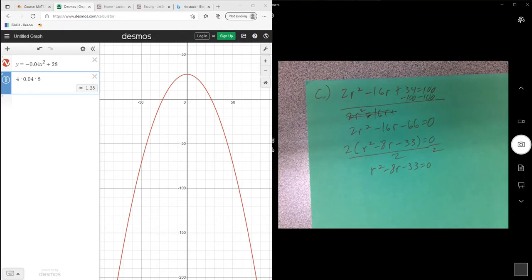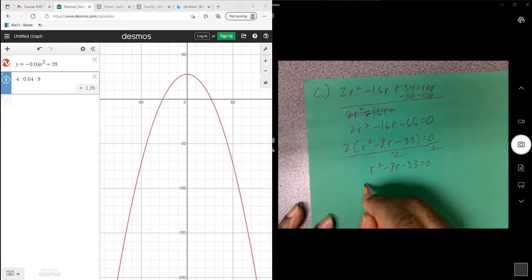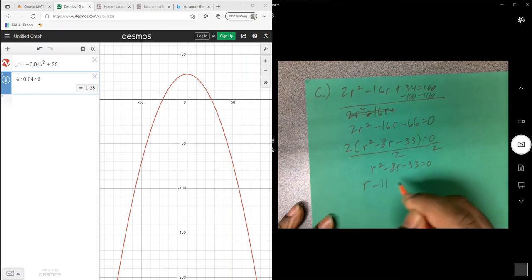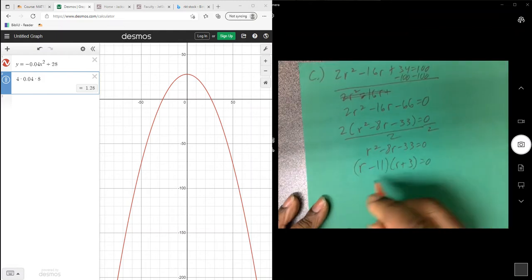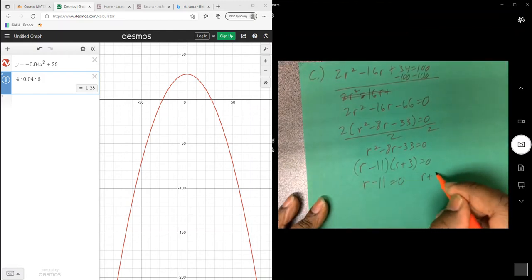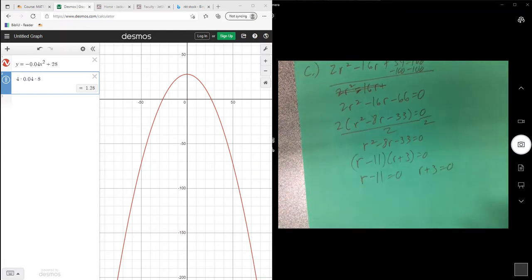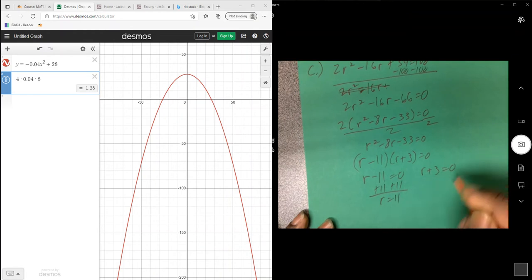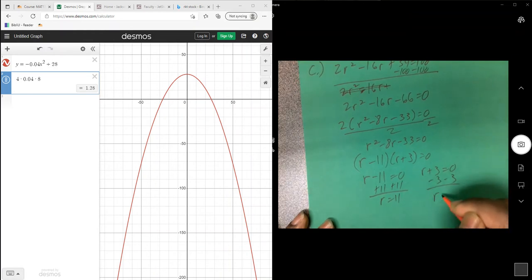Now we need to factor this. We went over factoring quite a bit in the other section, so this factors to r minus 11 times r plus 3. We'll set both of these parentheses equal to 0. We'll add 11 here, and we'll subtract 3 here.